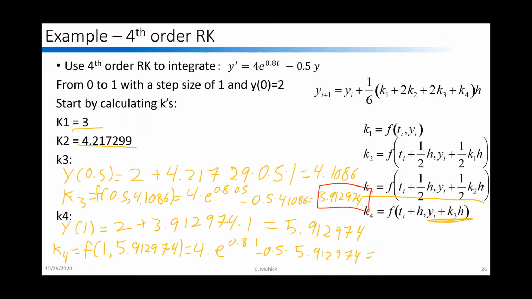I punch all of this out, I get 5.94567. Okay, whoa.